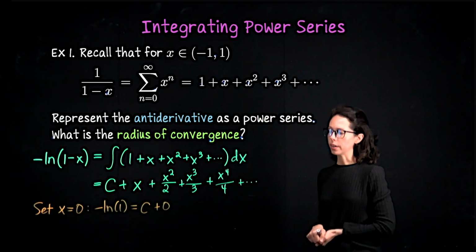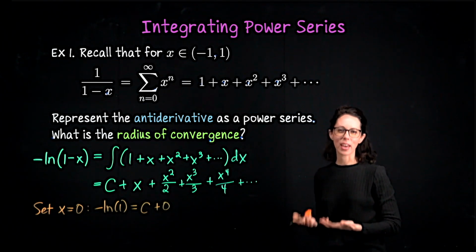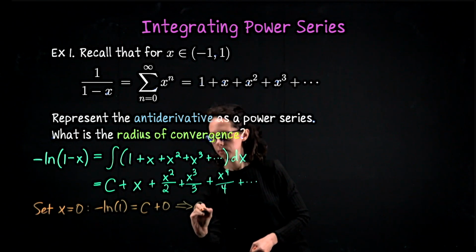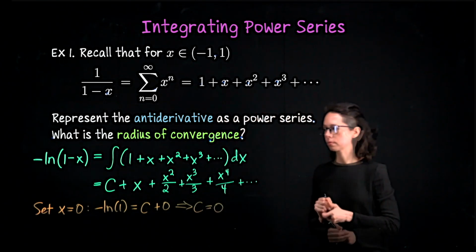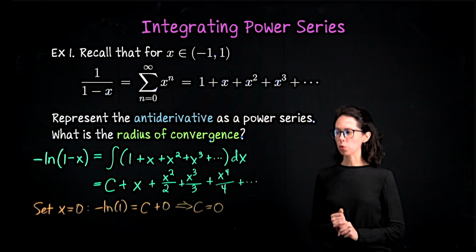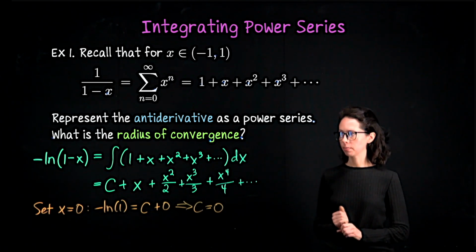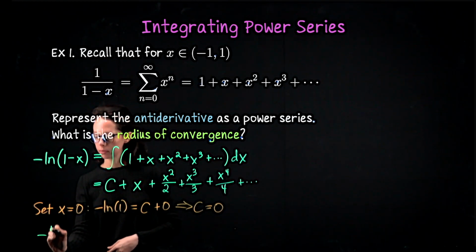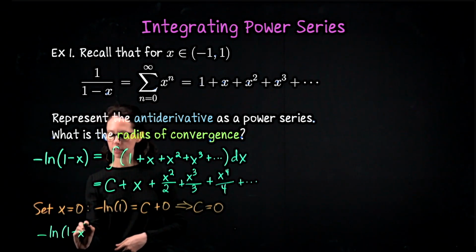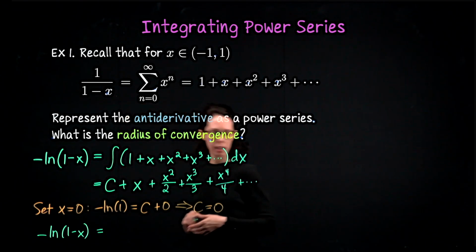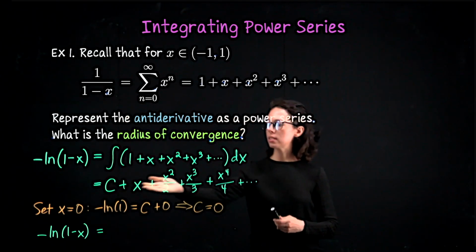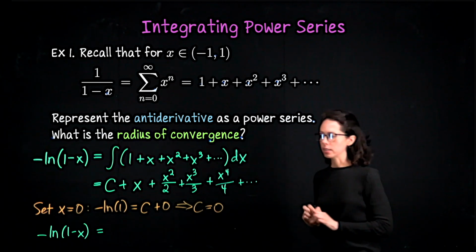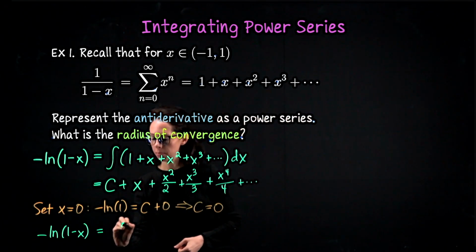Natural log of 1 is 0, so this tells us that the leading constant of integration is just 0. Now that we've removed that ambiguous constant of integration, we can say that negative natural log of 1 minus x has this series expansion.